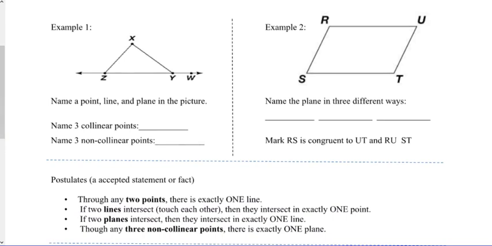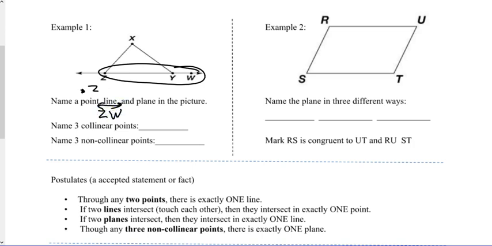Okay, name a point, line, and plane in the picture. Okay, point, I'm going to call it, say, point Z. All right. Now, line, I cannot say ZX or XY because there are no arrows. So for a line, I need to use 2 of these 3 letters, and it can be any combination of that. So let's say I did ZW, and I put this over it.